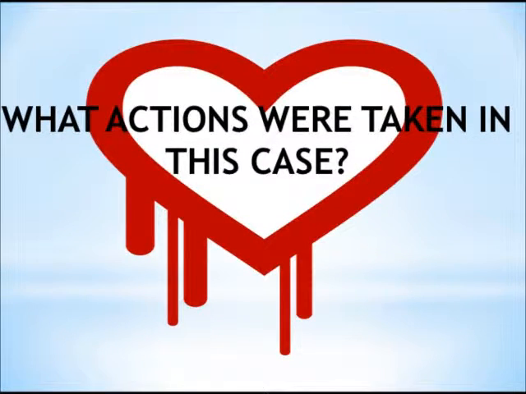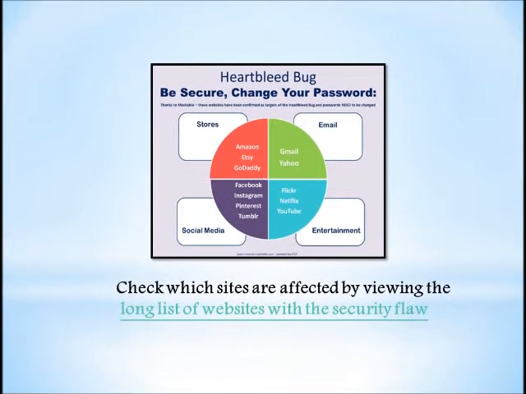What actions were taken in this case? First, check which sites are affected by viewing the long list of websites with the security flaw. These are examples of websites that have been confirmed as targets of the Heartbleed Bug, and those passwords need to be changed.